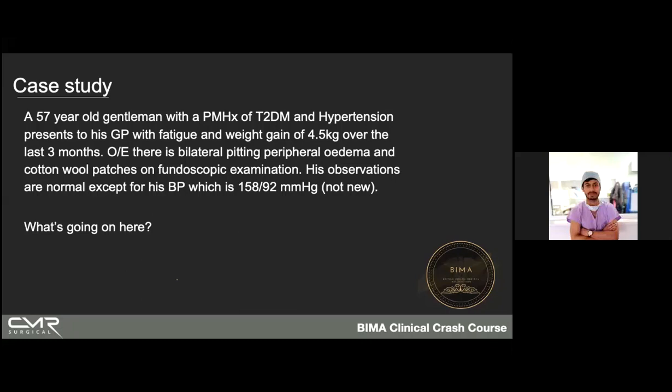On examination, there is bilateral pitting peripheral edema on his legs, and he has cotton wool patches when you shine the fundoscopy light into his eyes. His observations are normal, except for his blood pressure, which is 158/92. Once again, it's not new to us. So what do you think is going on here?